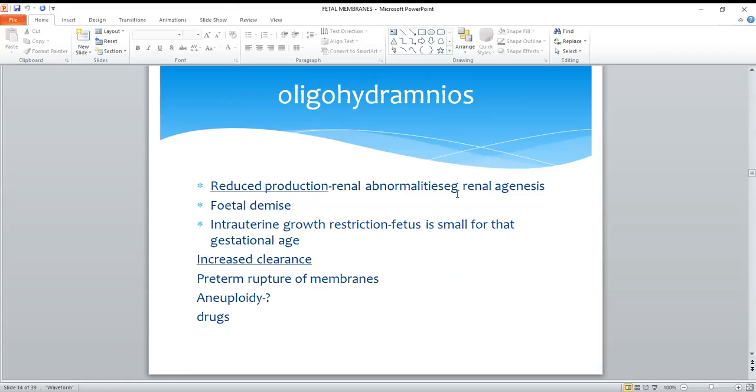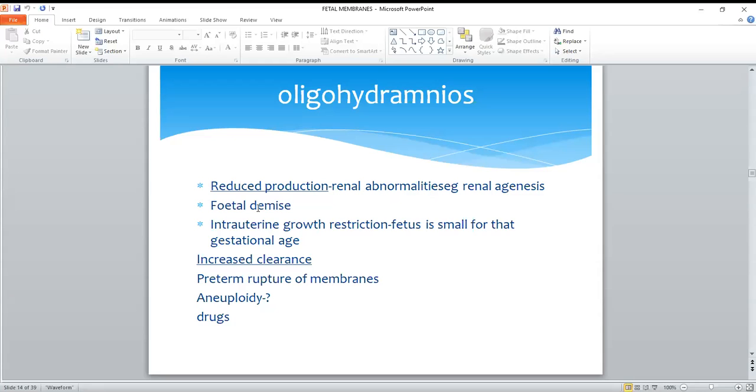So for reduced production, you're supposed to reason what can result in reduced production of amniotic fluid. First is renal abnormalities, e.g. renal agenesis, kidney agenesis. As I said earlier, fetal urine is the main source of amniotic fluid. So if the kidney is not formed, urine is not formed, so you'll not be forming a lot of amniotic fluid. That's why you'll have oligohydramnios.